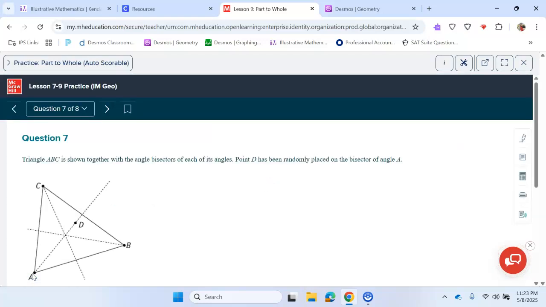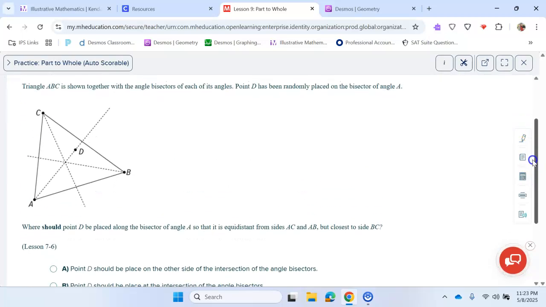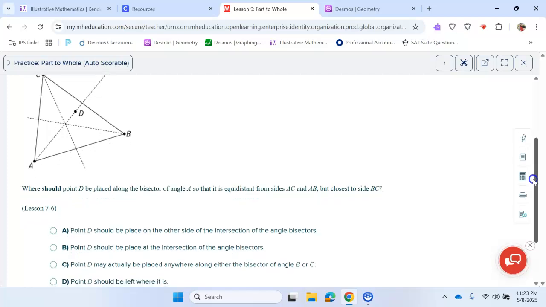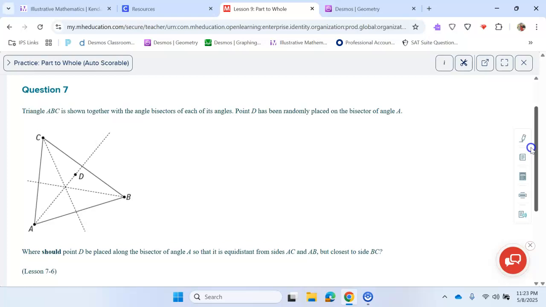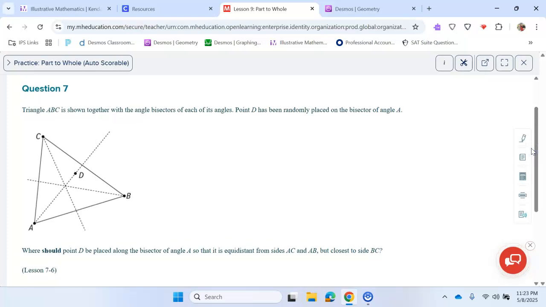Question 7. Triangle ABC is shown together with the angle bisectors of each of its angles. Point D has been randomly placed on the bisector of angle A. Where should point D be placed along the bisector of angle A so that it is equidistant from sides AC and AB, but closest to side BC?